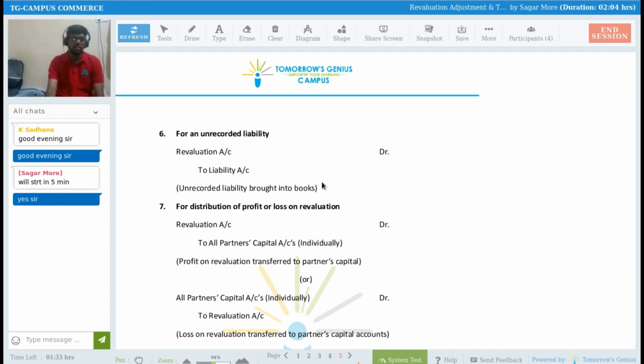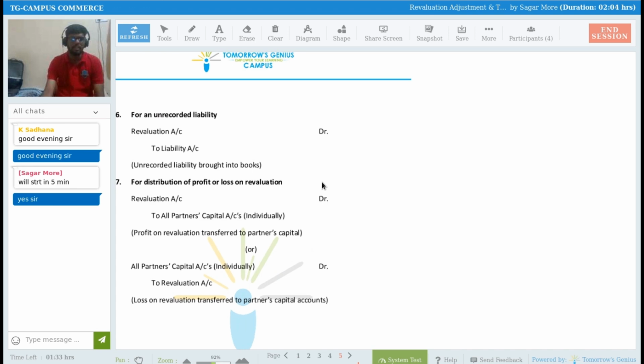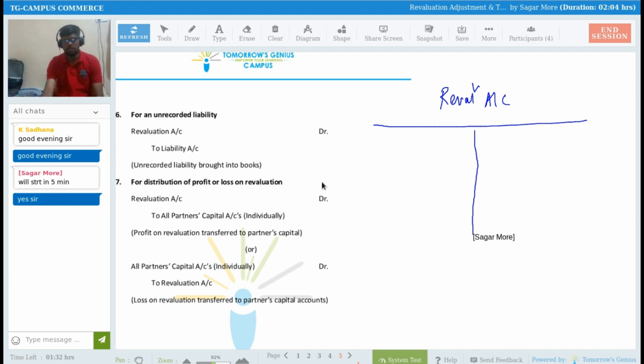See now. It is a liability. So what is an unrecorded liability basically? First of all, I'm preparing that revaluation account here. So what is the meaning of unrecorded liability?